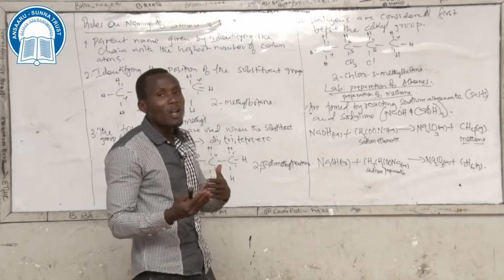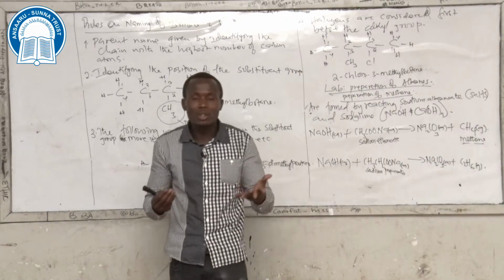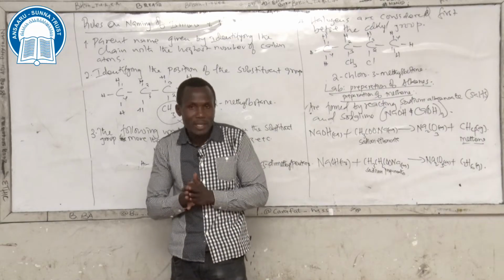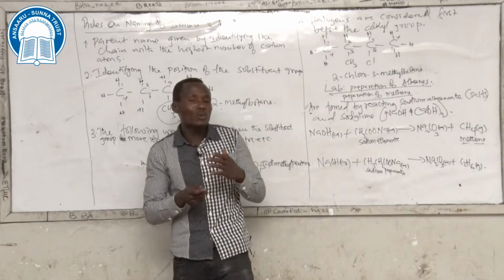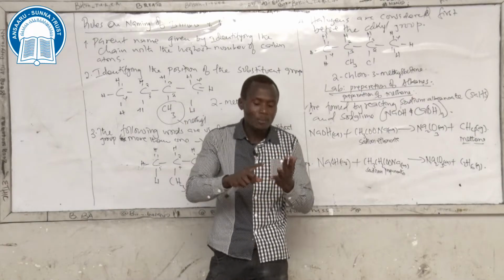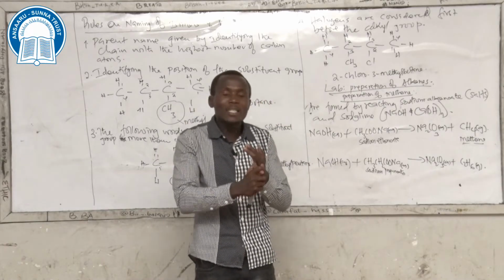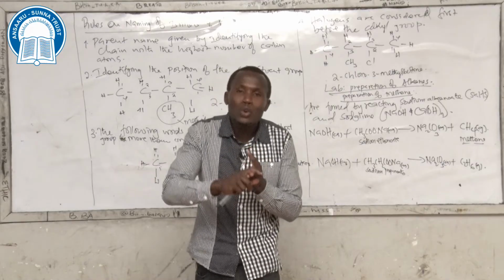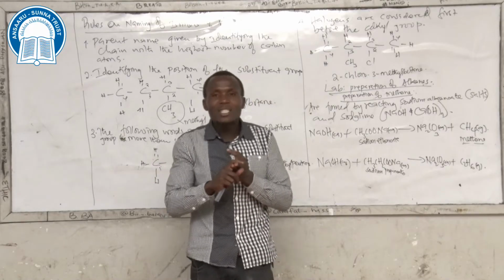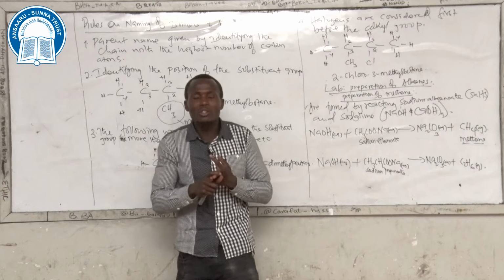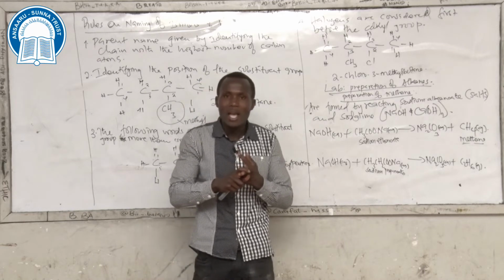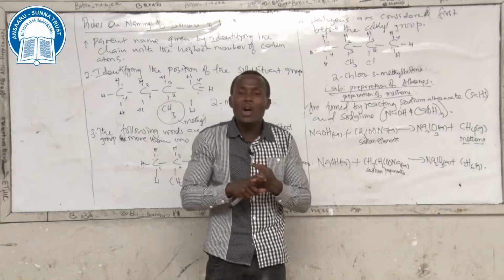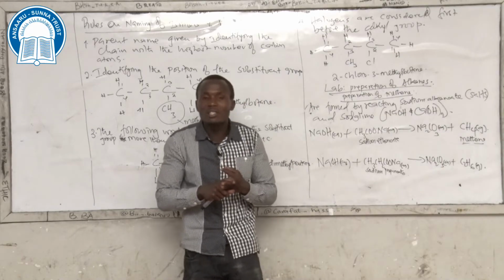So that gives us the lab preparation of alkanes. But remember, in the previous lesson, when we were looking at the sources of alkanes, we talked about natural gas, biogas, and crude oil. And we said that crude oil forms the main source of alkanes. The components of crude oil are separated by fractional distillation.